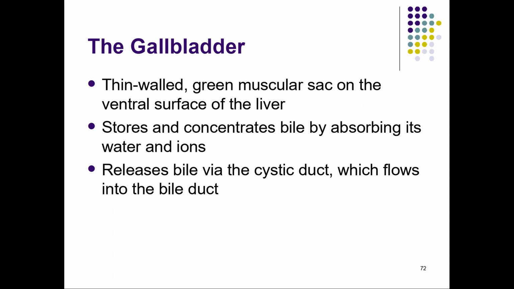So what the liver is making is watery. The gallbladder stores it and concentrates it by taking the water out, at least a lot of it. And remember, the gallbladder releases bile by the cystic duct, which merges with the hepatic duct, which merges with the pancreatic duct, forming the ampulla, right?